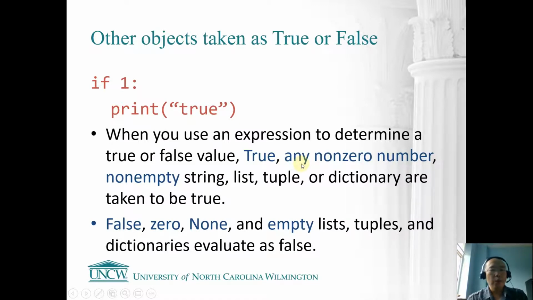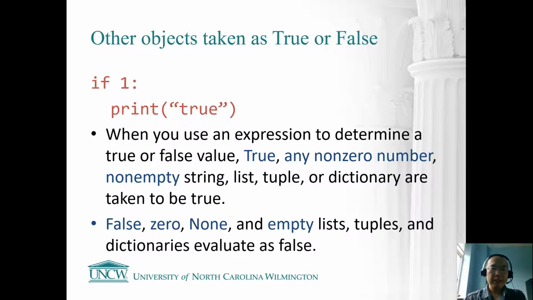You may ask, what values will be considered false? A Boolean false will be considered false. A 0 will be considered false, and None, which is a special value we haven't talked about, will be considered false, and an empty string, empty list, or empty value of any data type will be considered false.